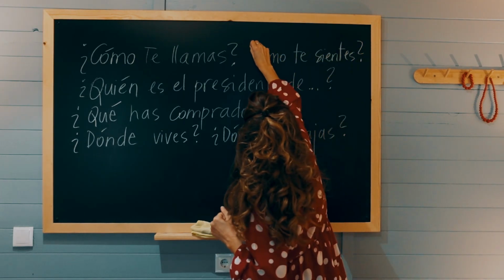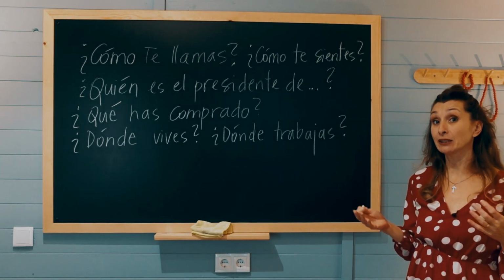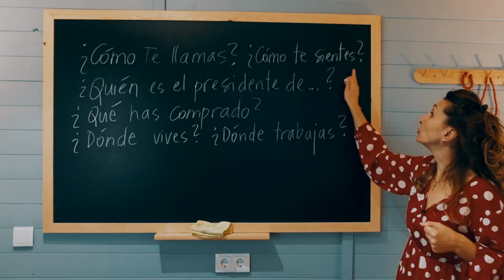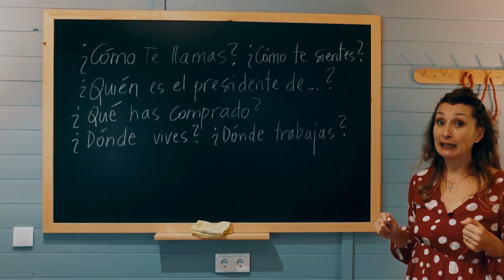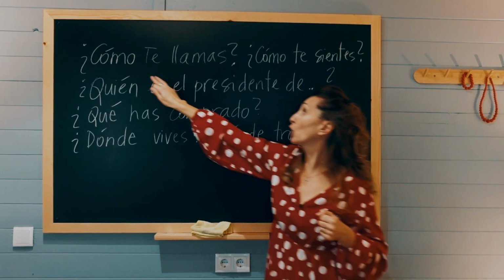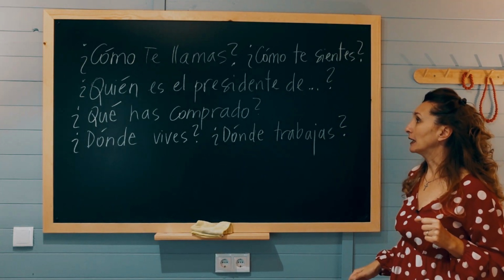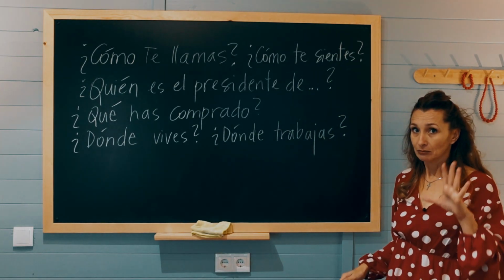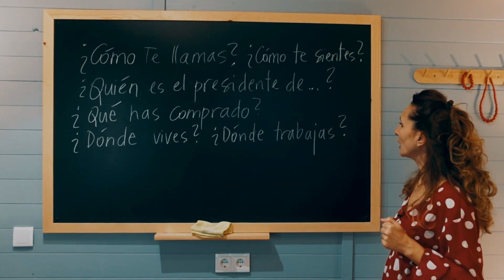How do you feel, or how are you feeling? I see you're a bit pale. Are you okay? ¿Cómo te sientes? How are you feeling? No? So, ¿cómo? How. Okay, this ¿cómo would not be translated as how in English, but ¿cómo in most cases just means how. Okay, good.